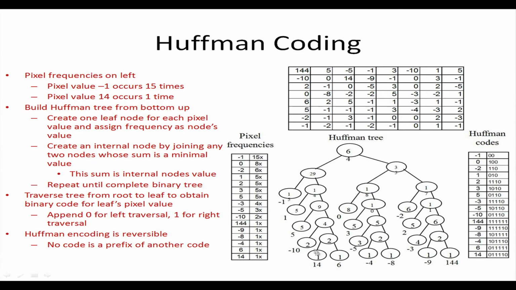So, 2 and 1 I did not combine, but 1 and 1 I combined, because 1 and 1 gives me 2, while 2 and 1 would have given me an internal node of 3. Now, here I have got 2, 2, 5. I did not combine 2 and 5, I combined 2 and 2, and I get 4. In that way, I go on combining until I get a complete binary tree.